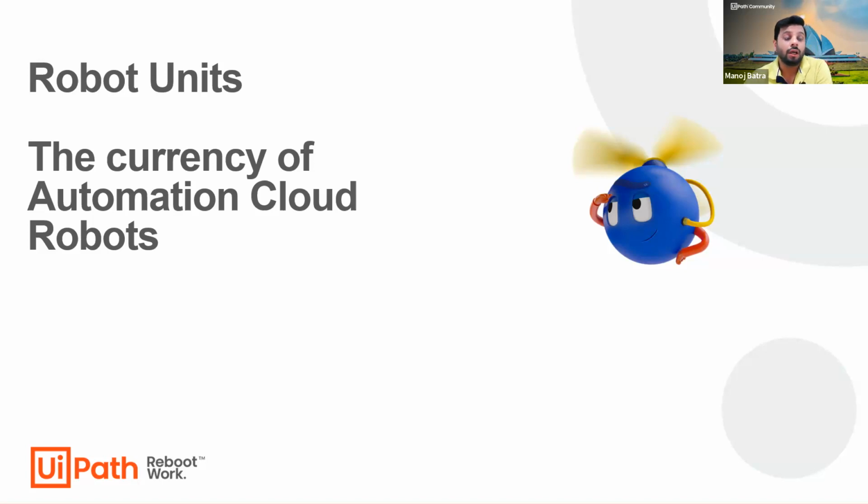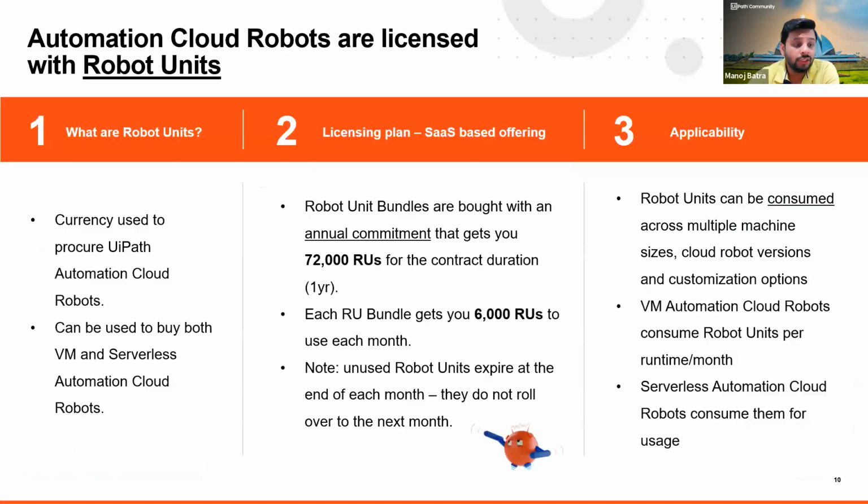You can call it the currency for automation cloud robots. The currency used to procure UiPath ACR is RU, and it is used with both the cloud VM and the serverless ACR.